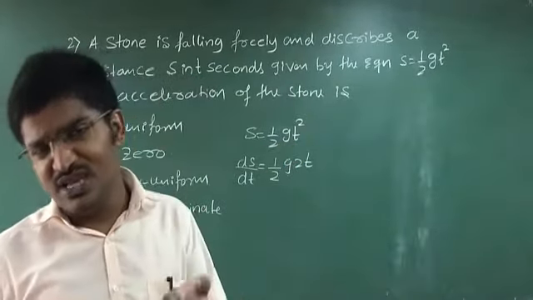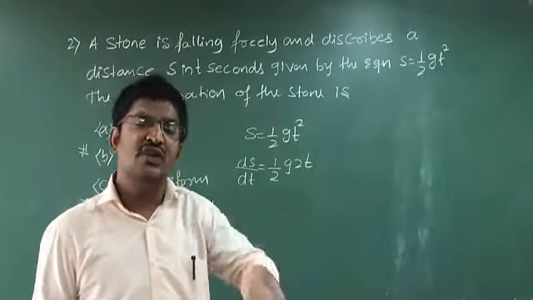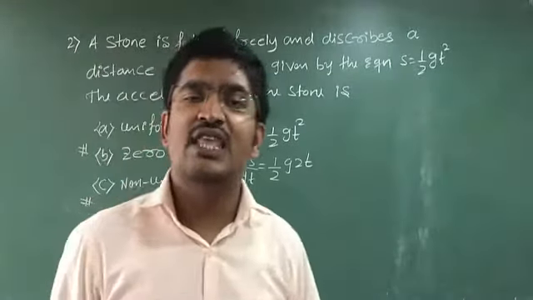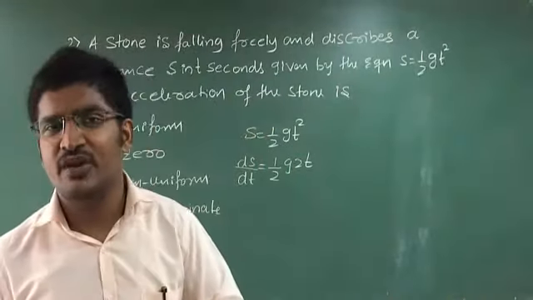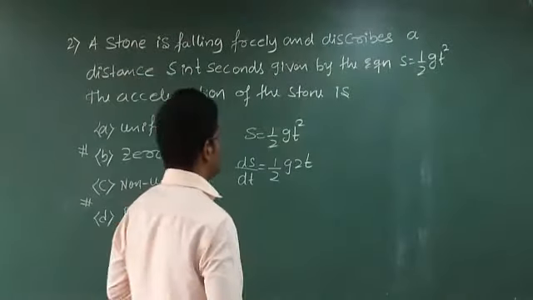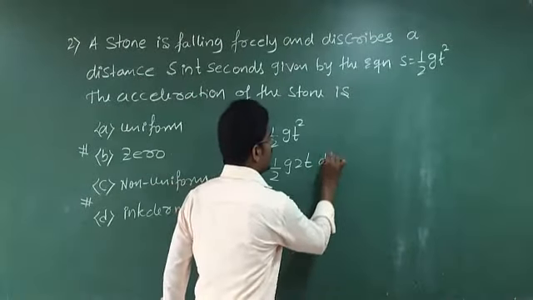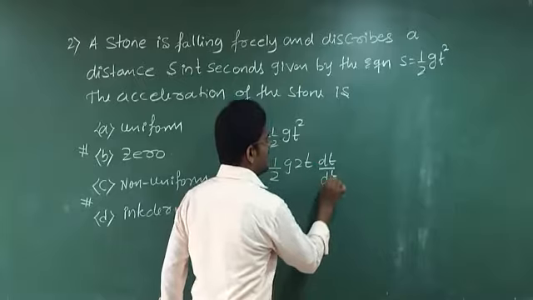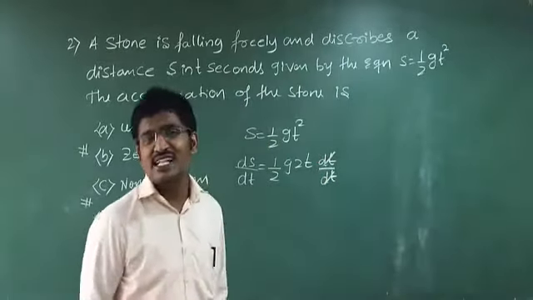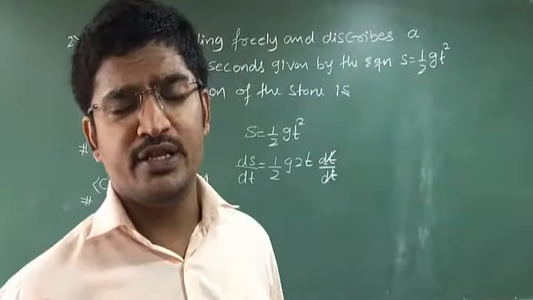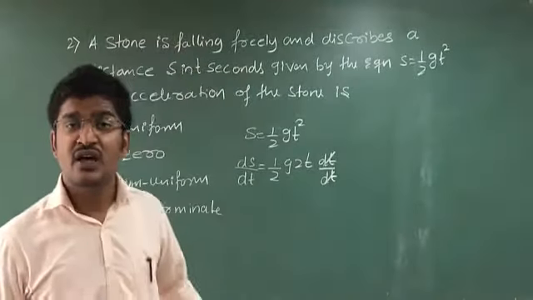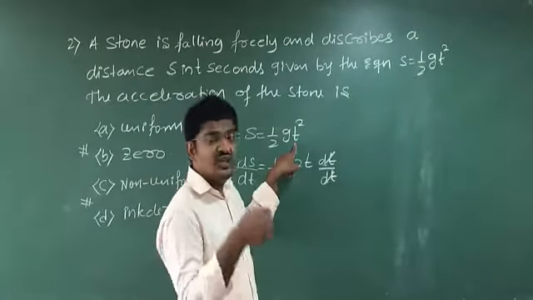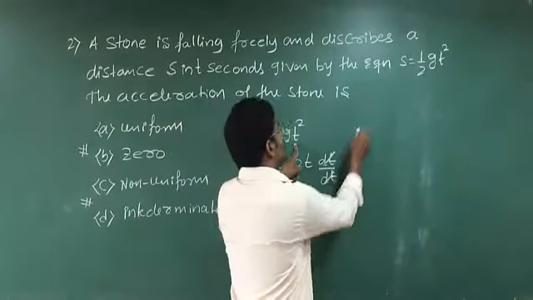So if the variable is t, and you are differentiating with respect to the same t, then there is no need to write that term. If you write it also, what will it be? dt by dt. So these two terms are going to get cancelled. Are you getting my point? So that's why we don't write that term there. If this was x, how would you write it?